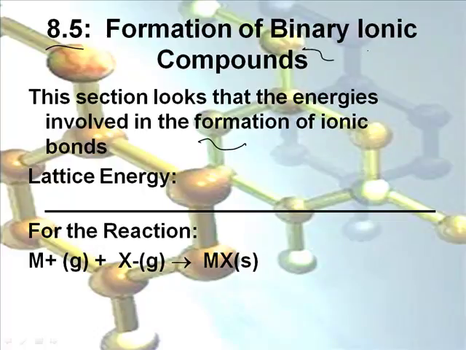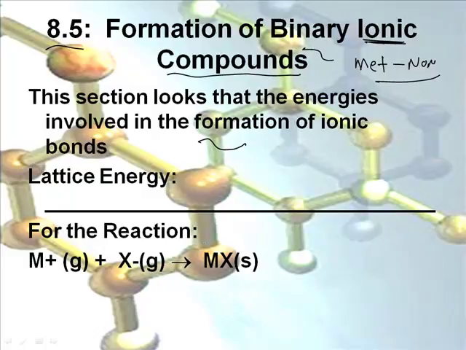All right, we're talking about how we form ionic compounds. In that whole chart about different types of bonds, we're going to focus for a little bit on ionic compounds. Recall, an ionic bond is a bond between a metal and a nonmetal. We're going to look at the energies associated with this. There's a new thing you haven't learned about, called lattice energy, the energy found in a lattice.